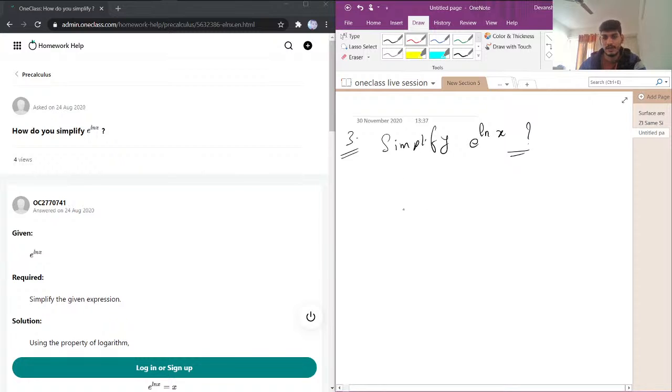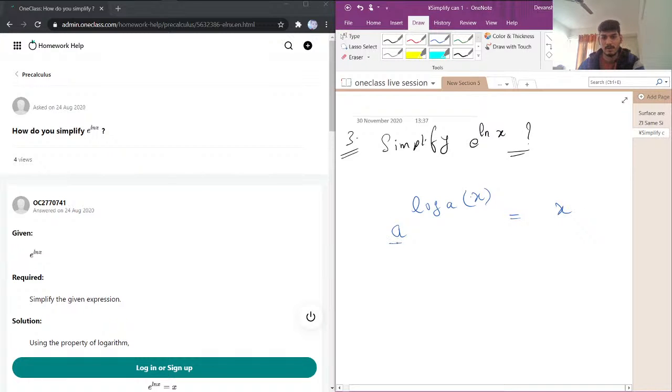We have a property: a raised to the power log of x with base a will be equal to x.